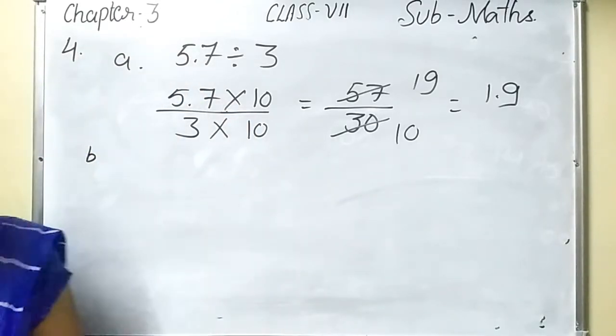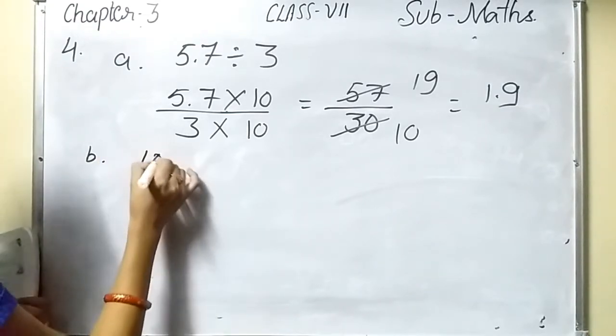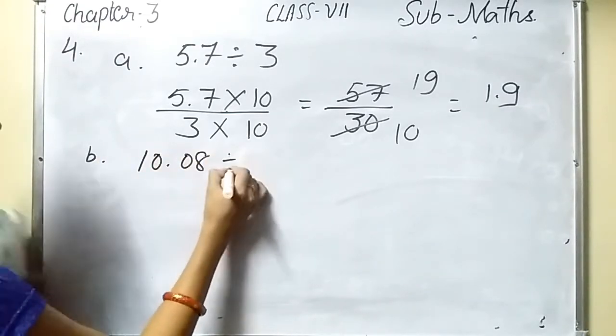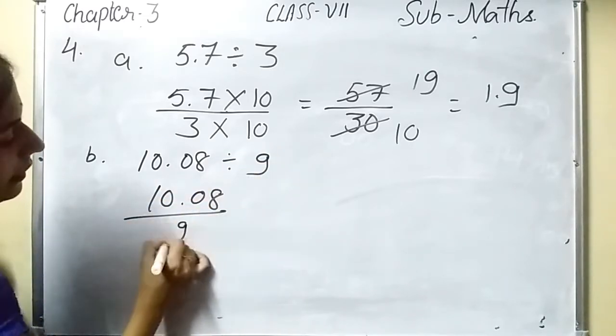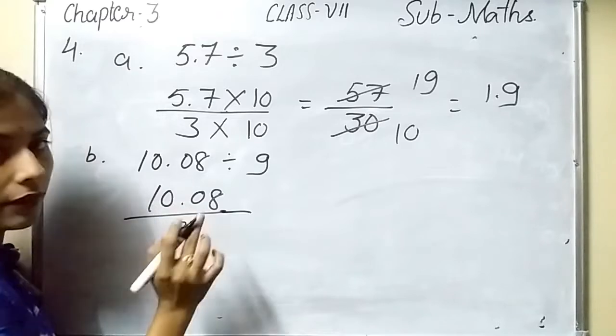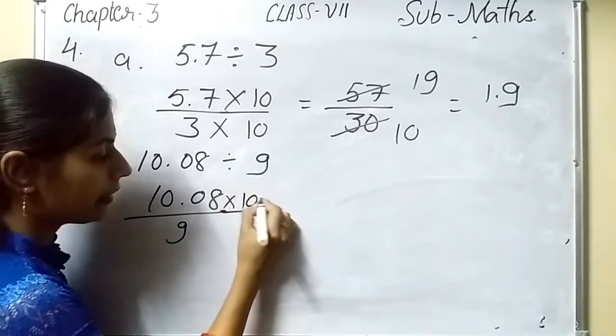See B: 10.08 divided by 9. Here the point is before 2 digits, so you have to multiply by 100, not by 10.